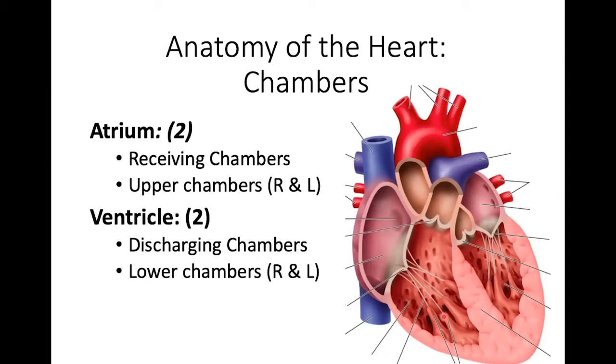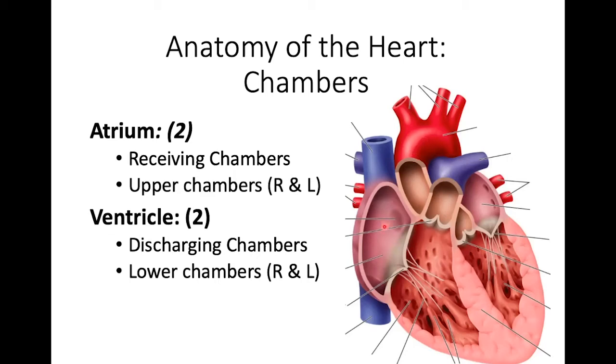And so you'll notice, comparing the right to the left ventricle, if you take a look at the myocardium, you can see here that the myocardium of the right ventricle is significantly smaller than the myocardium that makes up the left ventricle. And it's ultimately because the left ventricle is going to have to really work to contract to send all of that blood out from the heart to the rest of the body.